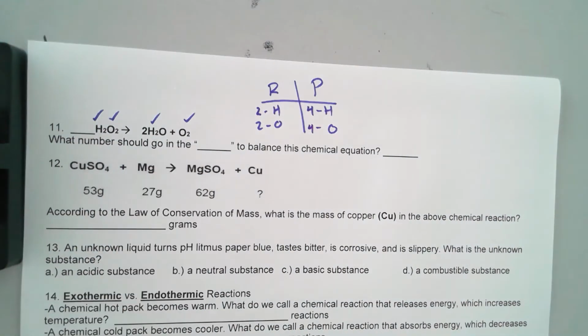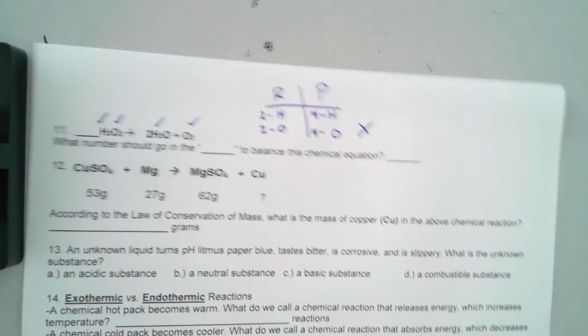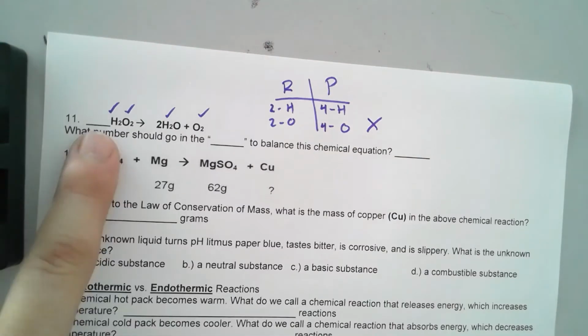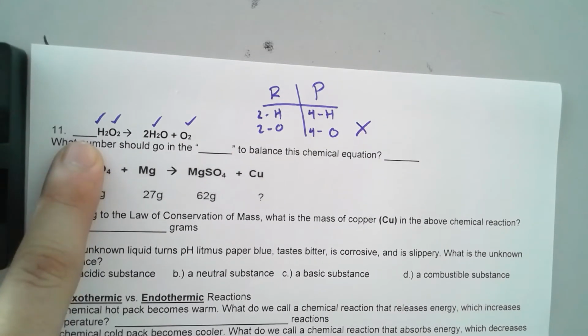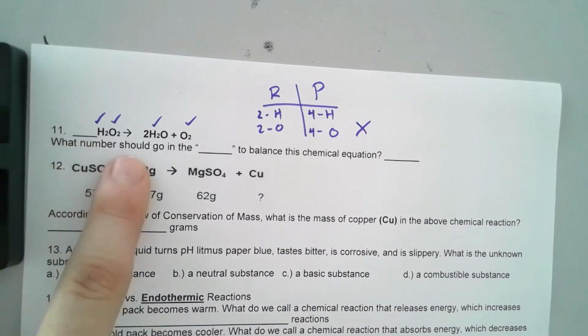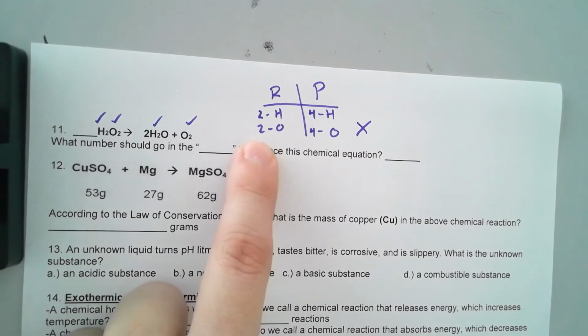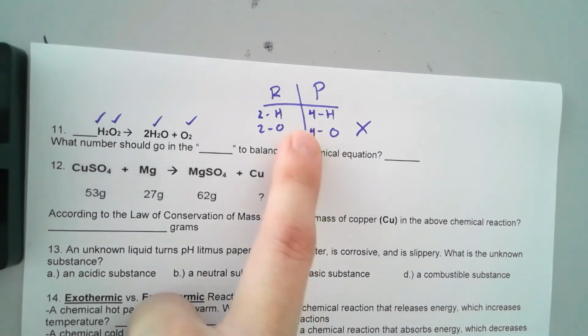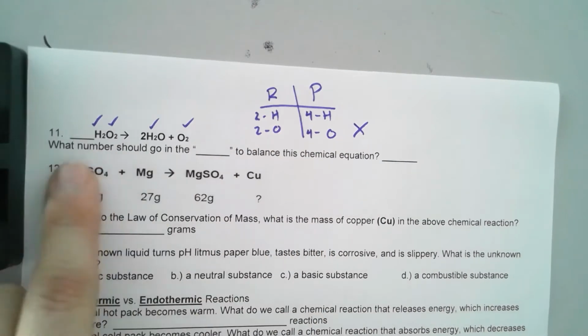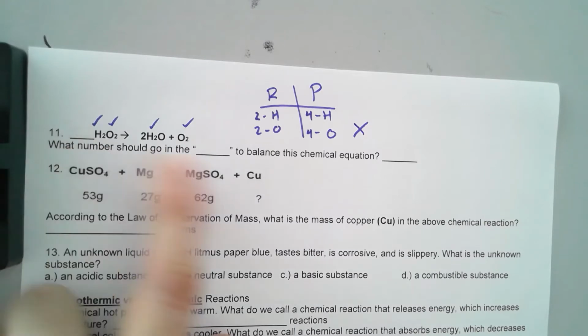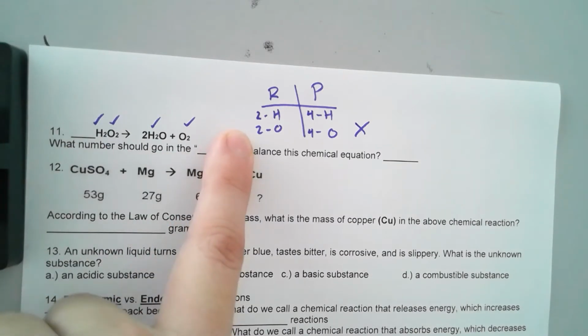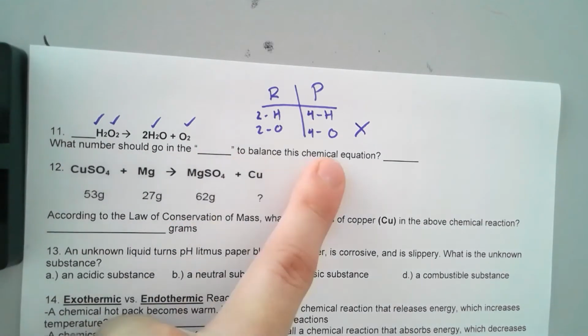So obviously, they're not balanced. If they're not balanced, I have to put something here to balance it. So let's see. On my reactant side, there are 2. On my product side, it became 4. So what can I multiply here to make these 2 go into 4?